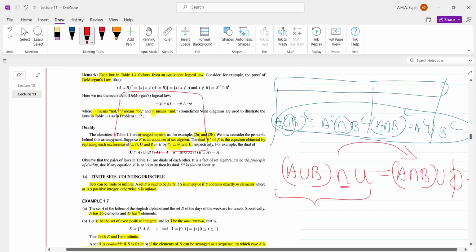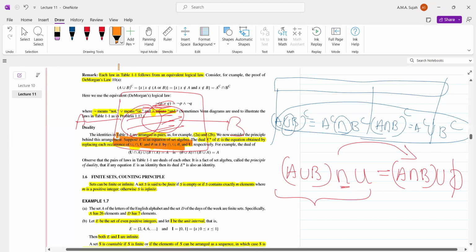If you look here, you have two sets, A and B. A union B means this colored area, right? And you have a universal set. So what is the common element for this one? Did you get my point?